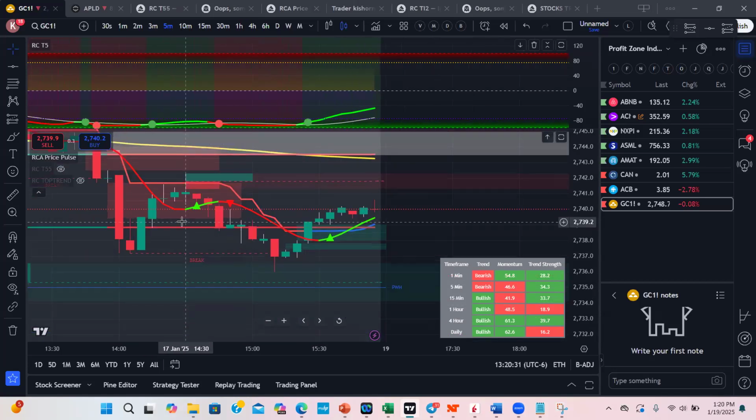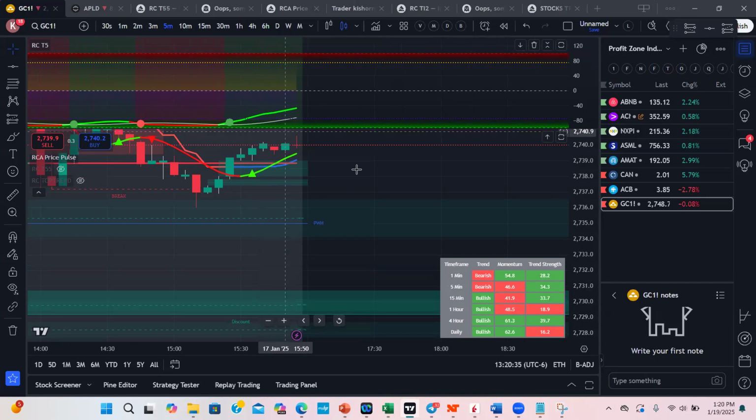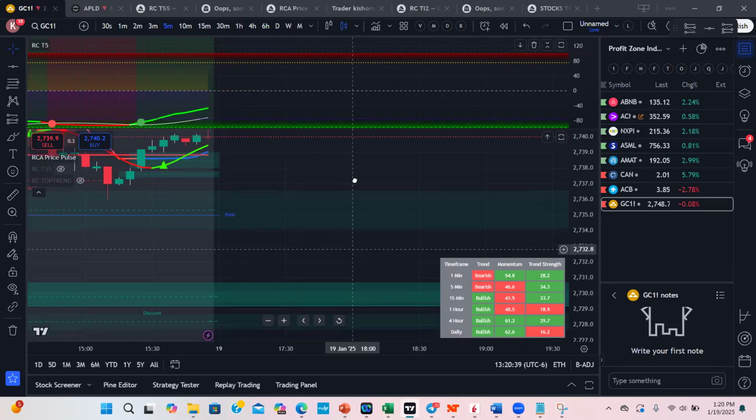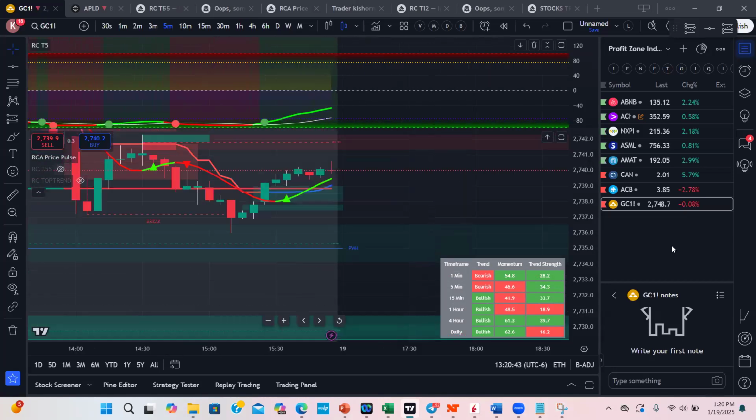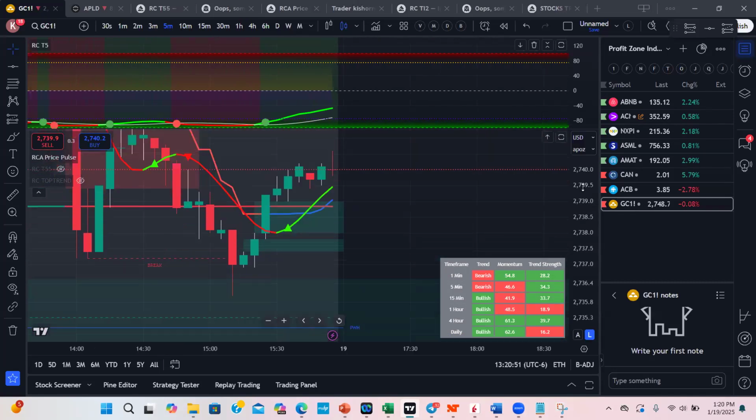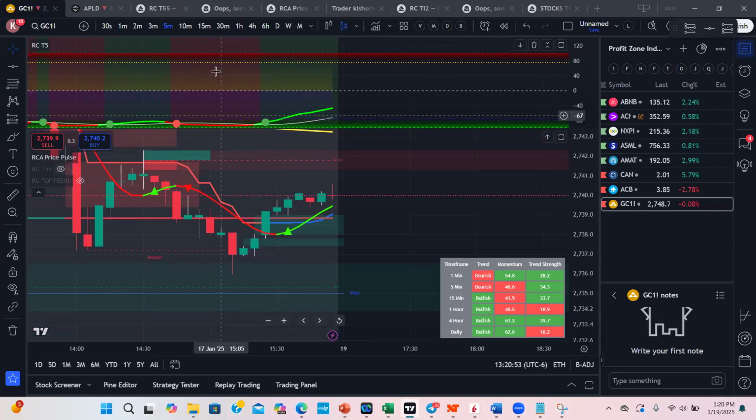So it is creating lower lows. This is a lower low, this is a lower low. It may go further down, create a lower low, again go a little bit up, again come all the way till the discount zone. So yeah, identify the higher time frame trend, and then in the lower time frame, you take trades in the direction that will help you to be successful.